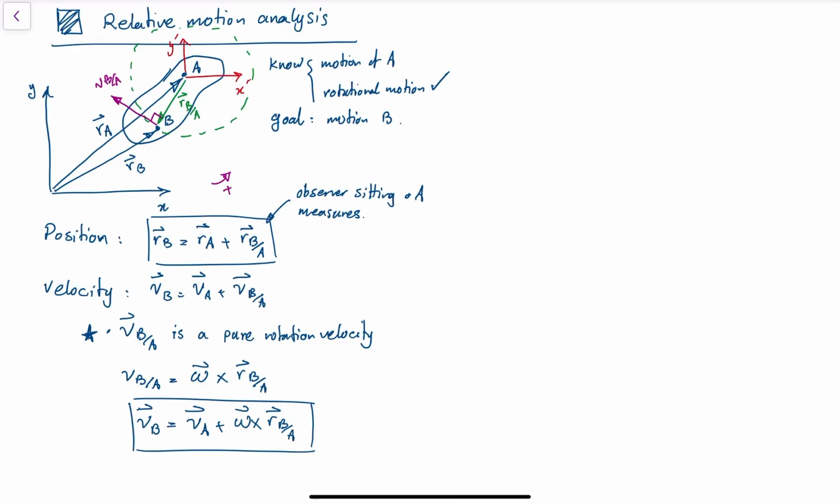And with simple geometry, the magnitude is R of B relative to A times omega, and its direction is perpendicular to R of B relative to A. And knowing the angle of R, you can find the angle of V and then do your own 2D calculations using the components, for instance. That works, but it is clunkier.